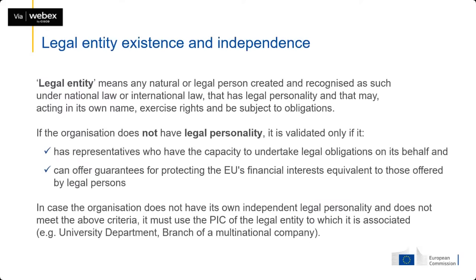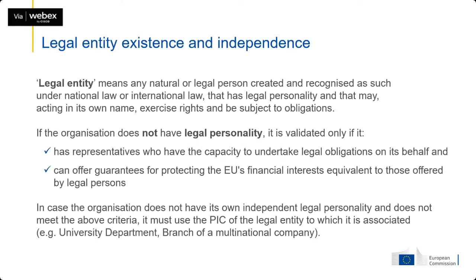On this slide, you will see a little bit more information on the actual term of what a legal entity is. This means any natural or legal person created and recognized as such under national law or international law that has legal personality and that may act in its own name, exercise rights, and be subject to obligations.